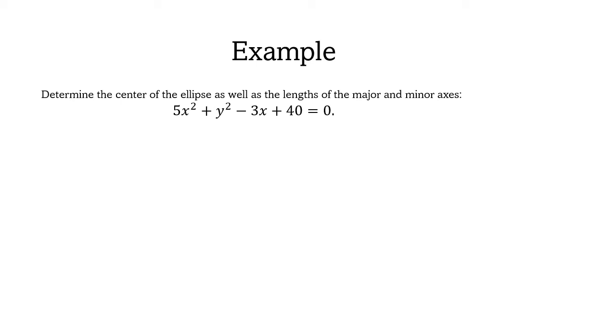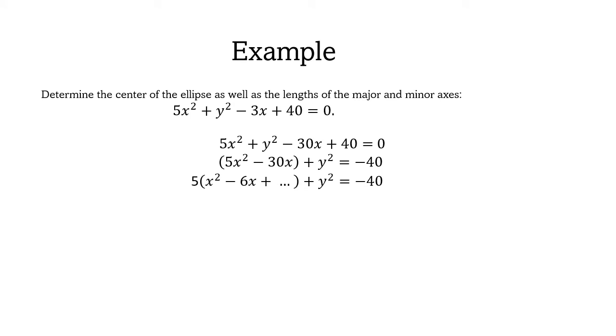Now here we have the equation of an ellipse not written in standard form, so we need to determine the center and the length of the major and minor axis. So we're going to use the method of completing the square. First, we're going to group the x variable. Now we're going to factor out the 5.